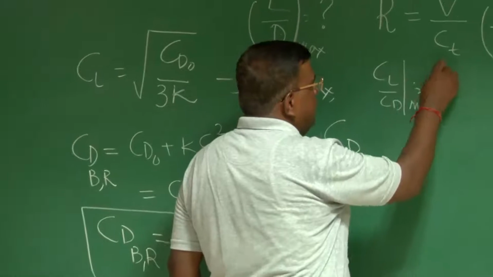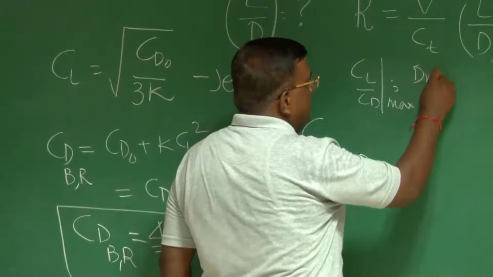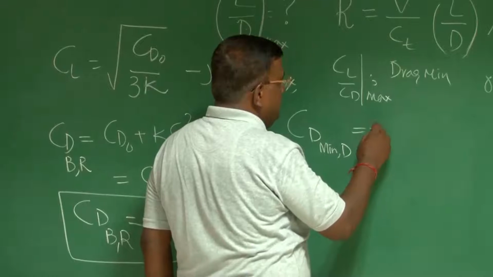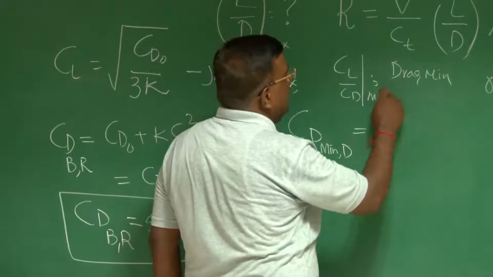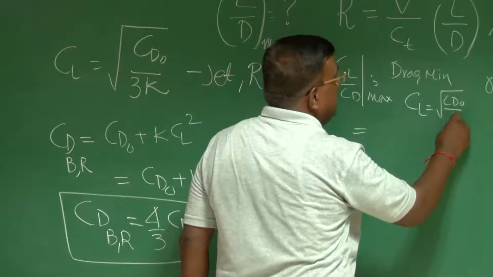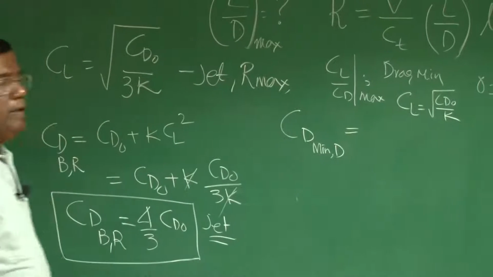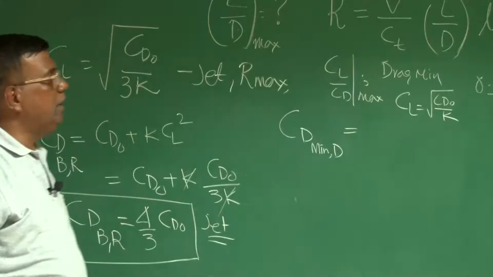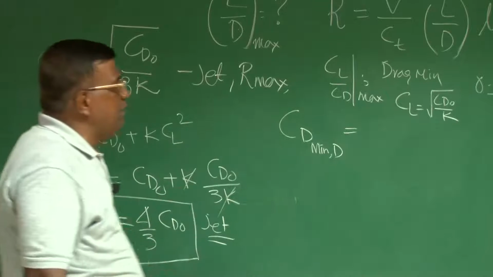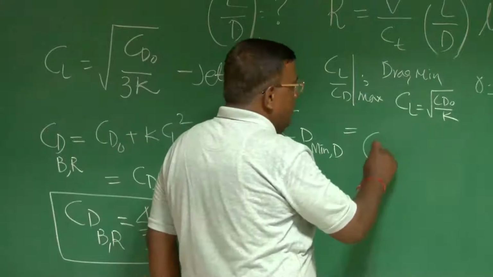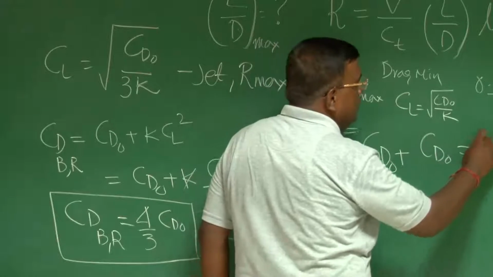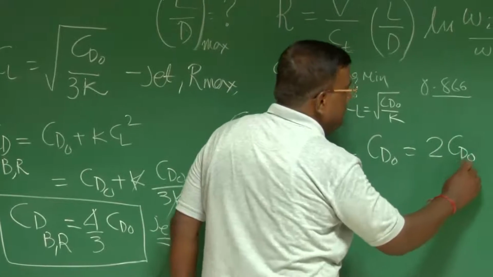That was the condition for drag minimum, and that was equivalent to, for minimum drag, CL being under root CD naught by K. This is well known, because it corresponds to CL by CD max. So I can now write CD for minimum drag will be CD naught plus K CL square. So this again will become CD naught, so this is 2 CD naught.